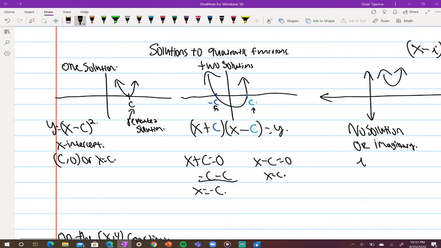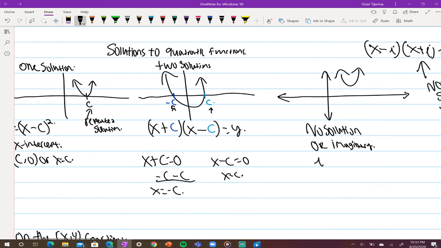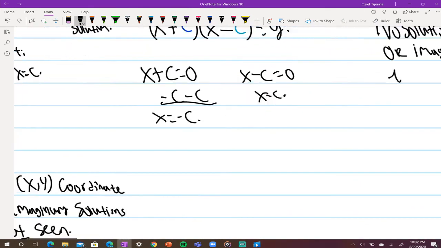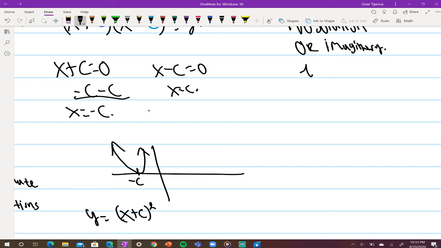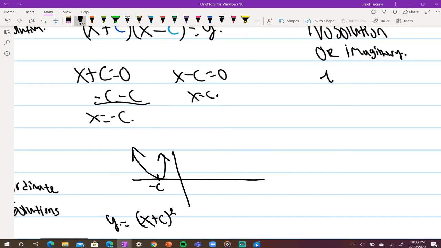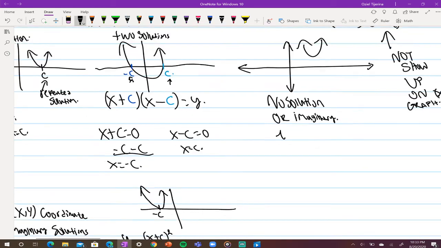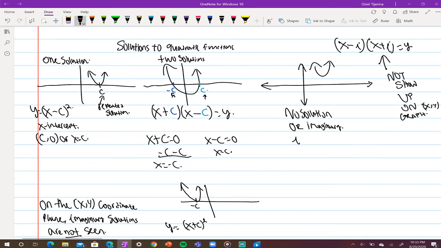Okay, and just to note, if c was negative and it was repeated, this is what it would look like. This is x plus c squared equals y.